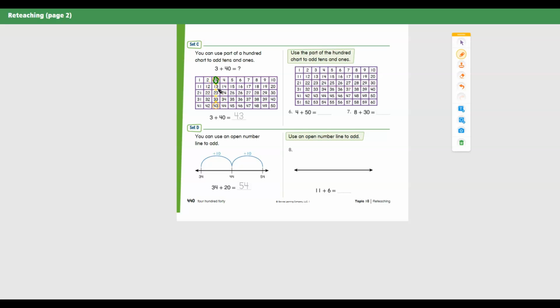It went from 13 to 23 to 33 to 43. Remember, when working with a 100s chart or even part of a 100s chart, each time you move down the column, you are increasing by 10. 3 plus 10, 20, 30, 40 is 43.